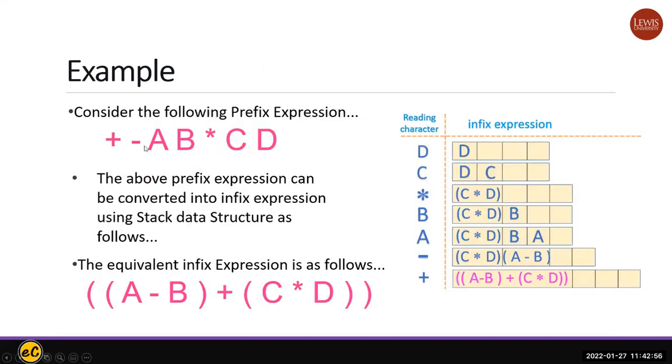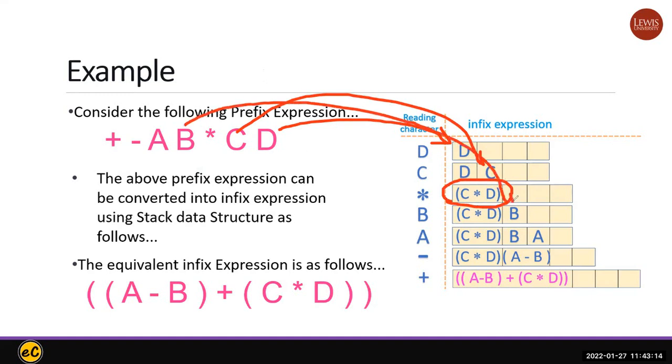So here we have plus A, B, star, C, D. So that actually starts with D. So D pushed in, C pushed in, pop them out, and then times them together, you get this and insert it in. The next one you see a B, push it in, see an A, you push it in, and then see a minus, you pop them out and insert it there.